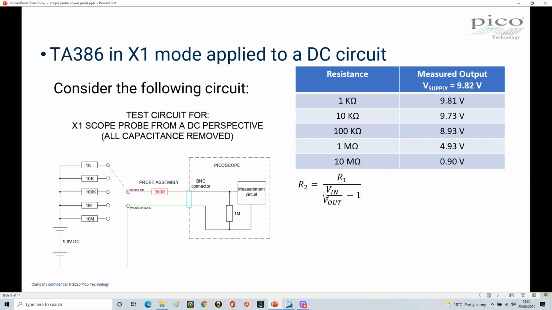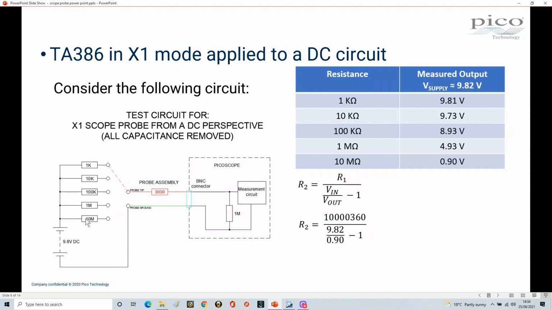So what we can say from this is that if we use the voltage divider equation, we can try and calculate what the theoretical value is from these results. R2 is equal to R1 over (V in over V out minus 1). If we plug in some values here, R1, I'm trying to find the voltage at this point here, which is the bit that's going into the picoscope itself.